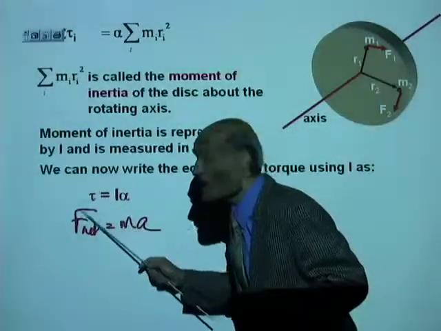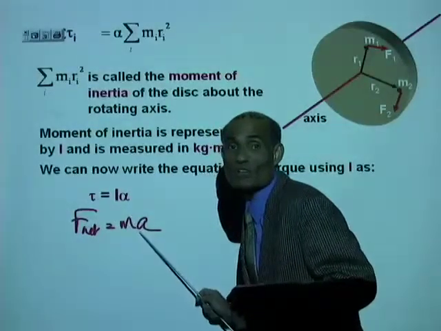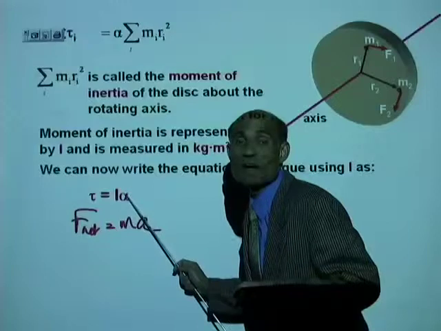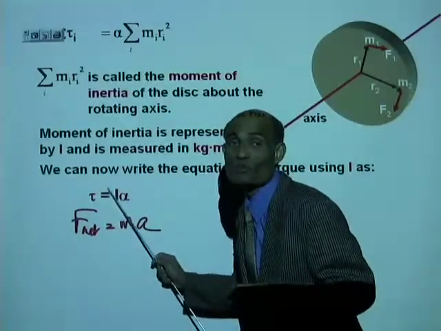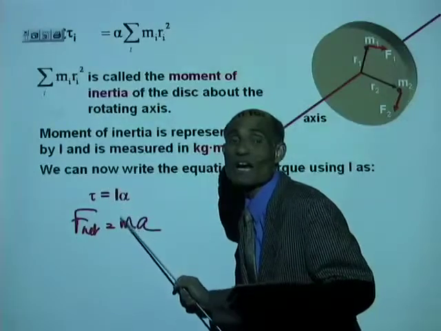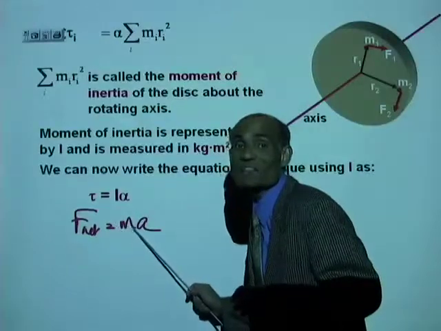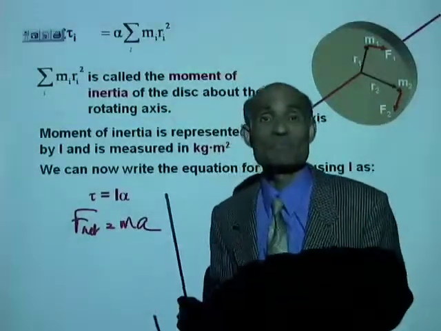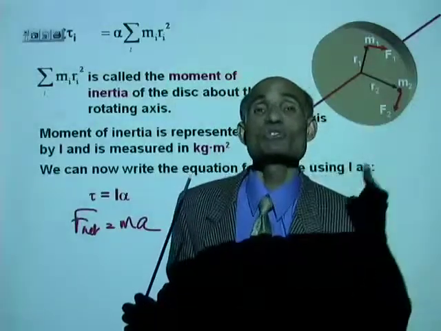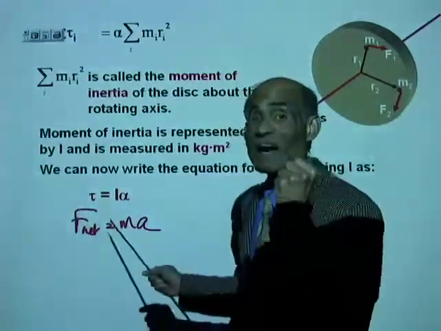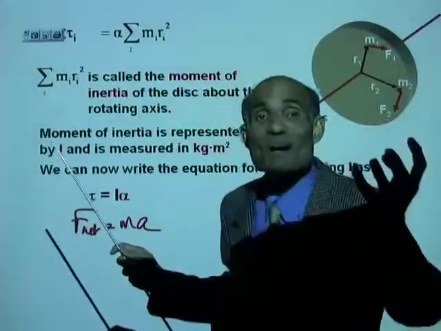Look at that. F net is replaced by tau net. Linear acceleration a is replaced by angular acceleration alpha. And therefore, this moment of inertia for rotation corresponds to mass in linear motion. You see that? The moment of inertia in rotational motion is a quantity that corresponds to mass in linear motion.